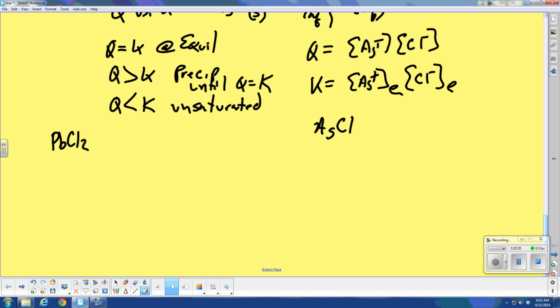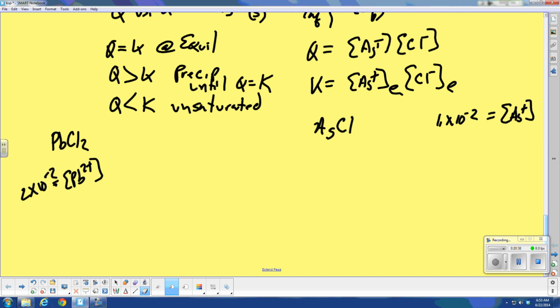How about 1 times 10 to the minus 2 is my concentration of my silver, and 2 times 10 to the minus 2 is equal to the concentration of my lead 2. And we're going to start adding chloride, and which of these is going to precipitate first.